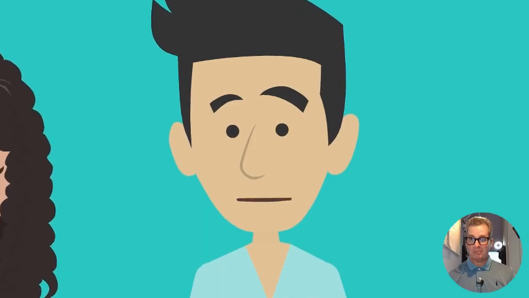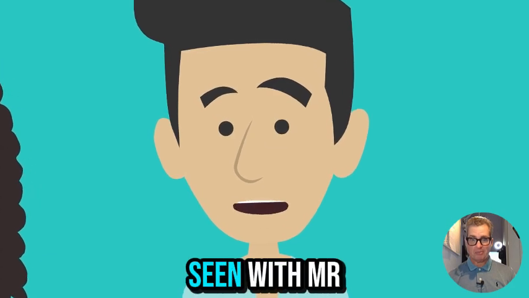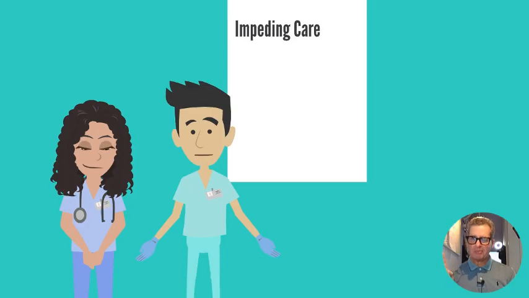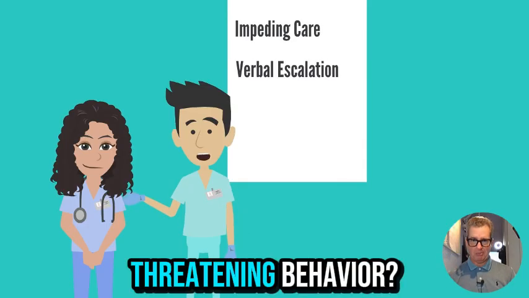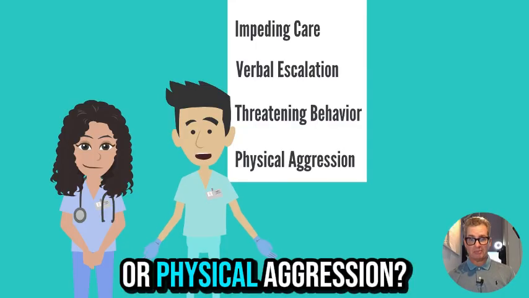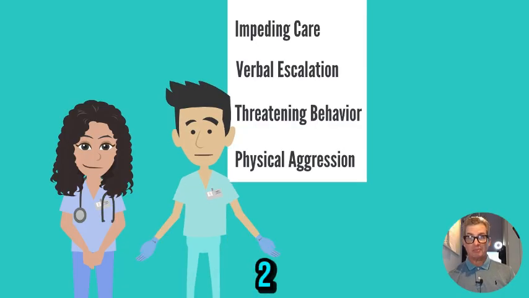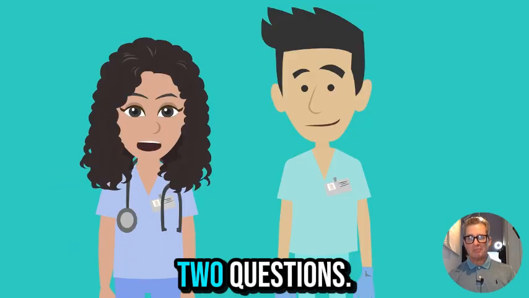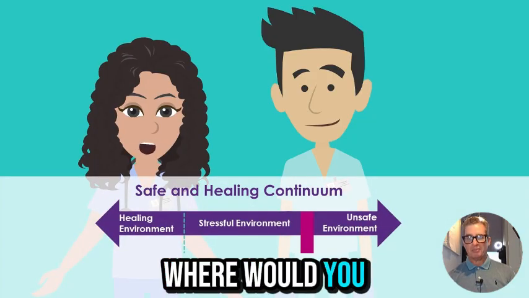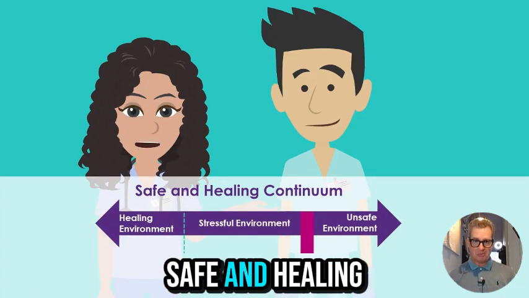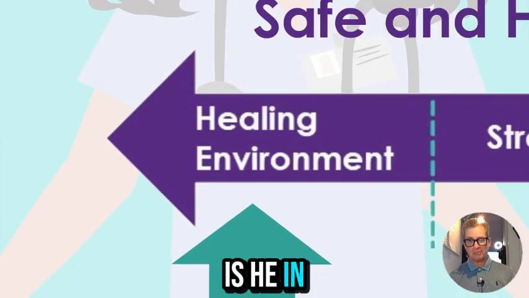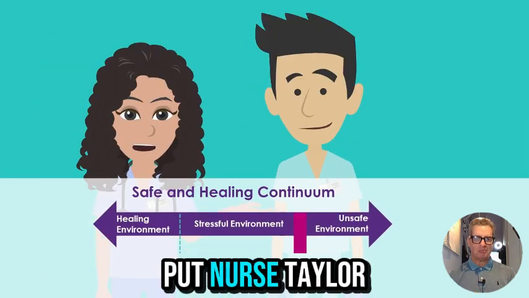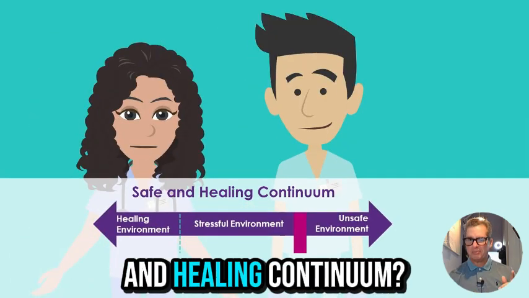Question for you. What signals of escalation are being seen with Mr. Morrison? Would you choose impeding care, verbal escalation, threatening behavior, or physical aggression? The answer is verbal escalation. 2 questions. In this moment, where would you put Mr. Morrison on the safe and healing continuum? Is he in a healing, stressful, or unsafe zone? Where would you put Nurse Taylor on the safe and healing continuum?